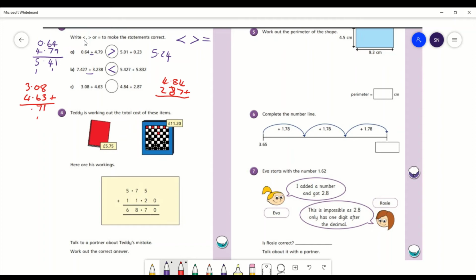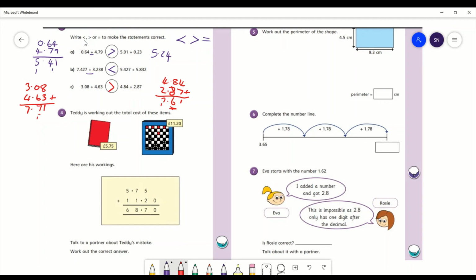Decimal point goes in there, so 7.71 for that one. That's 11, that's 16, 6, that's 7. So 7.71, 7.61, I'm looking at this digit here. This one is larger, so that's that.